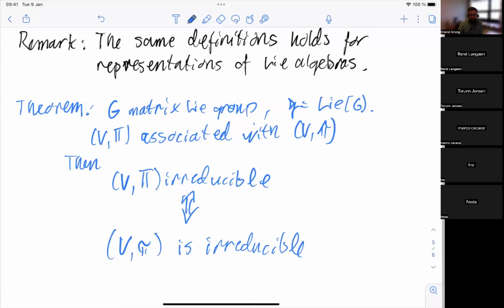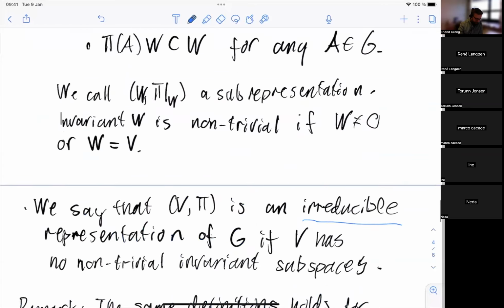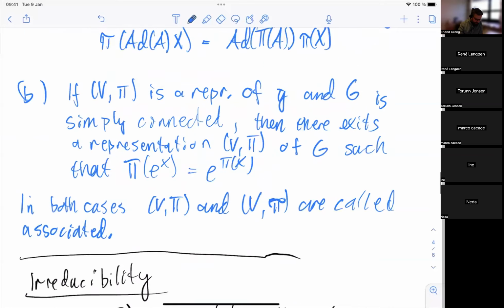I have a quick question, Alan. We had an existence theorem for an associated representation. Is it always unique? Yes, it's always unique. It's unique by this formula.